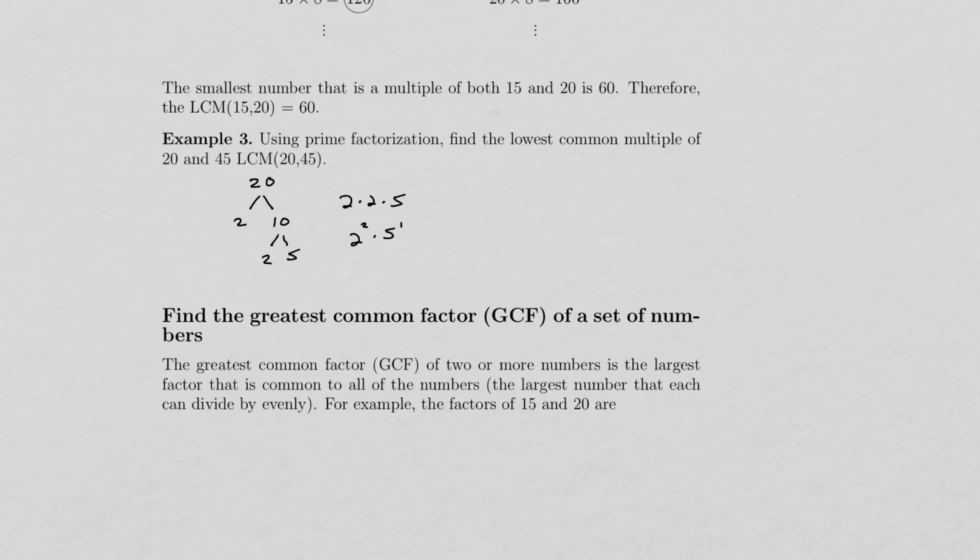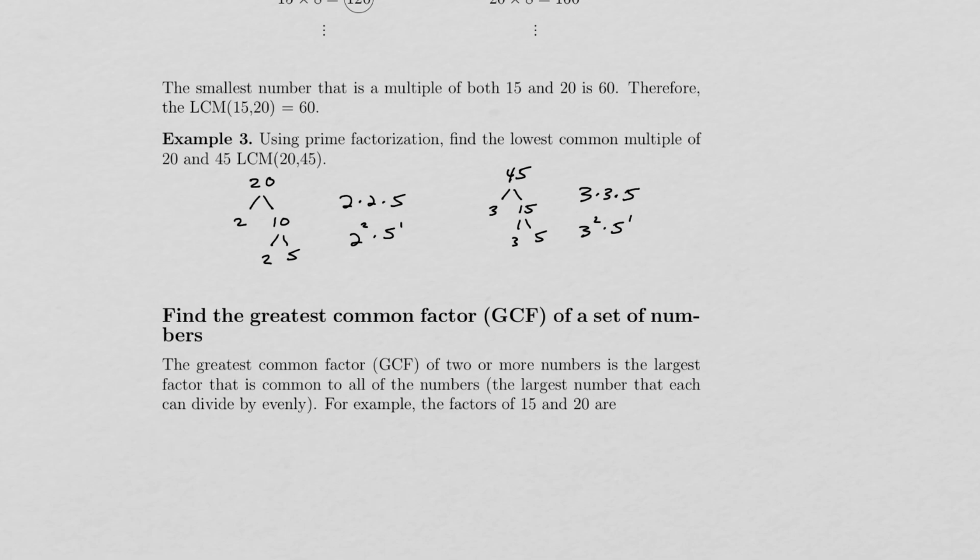Let me do the same thing for 45. So 2 doesn't go in, but 3 goes in, right? 3 goes in 15 times, and then 3 goes into 15 5 times. So I can write this as 3 times 3 times 5, or 3 squared times 5 to the 1.